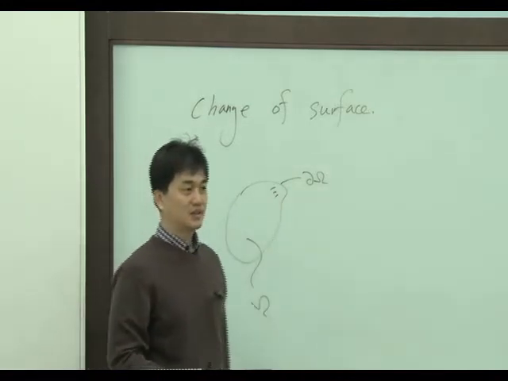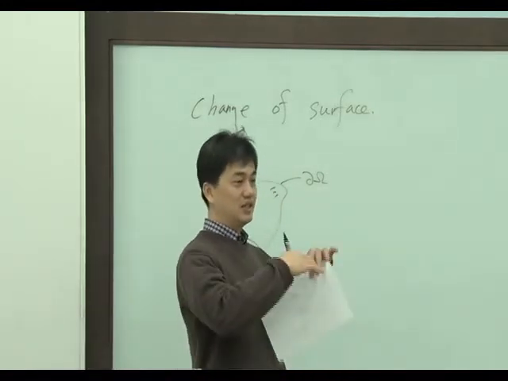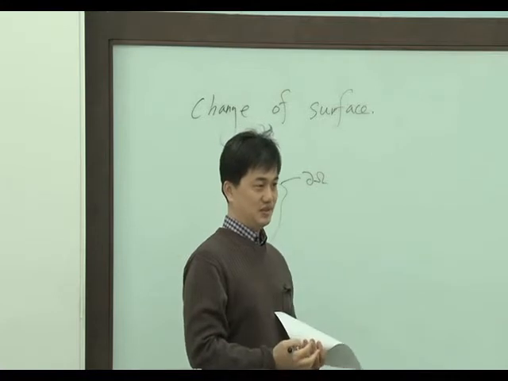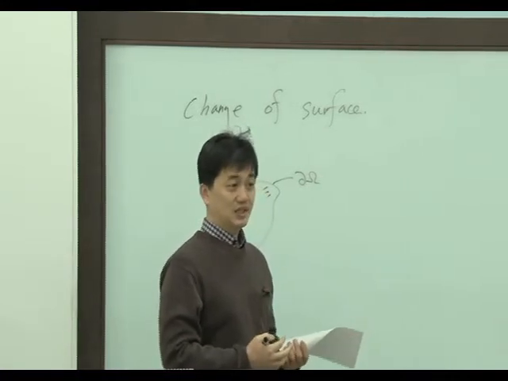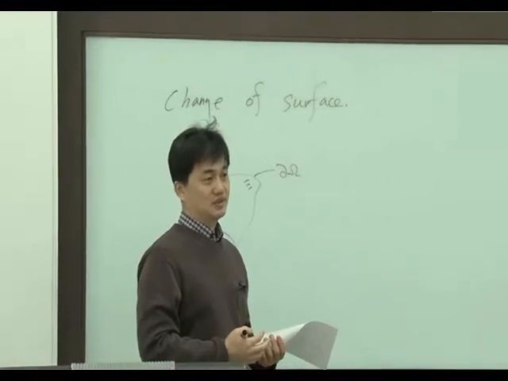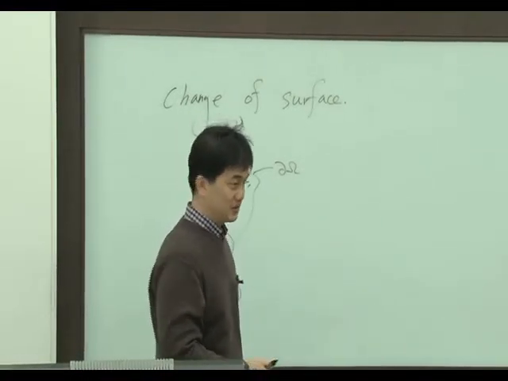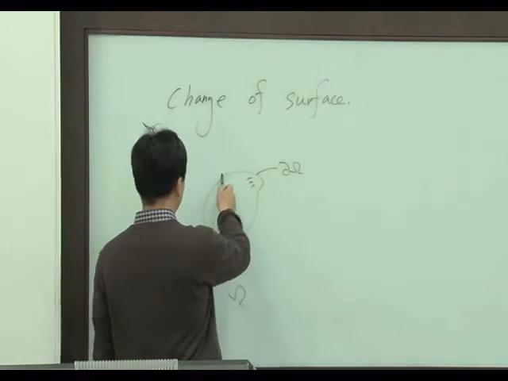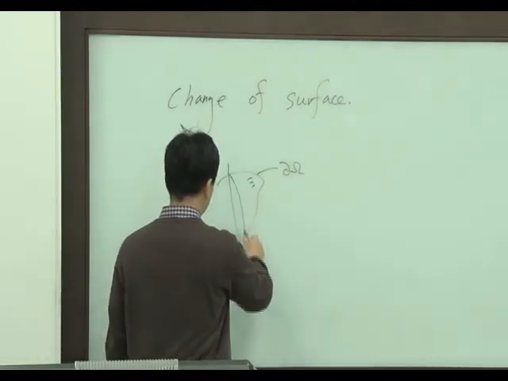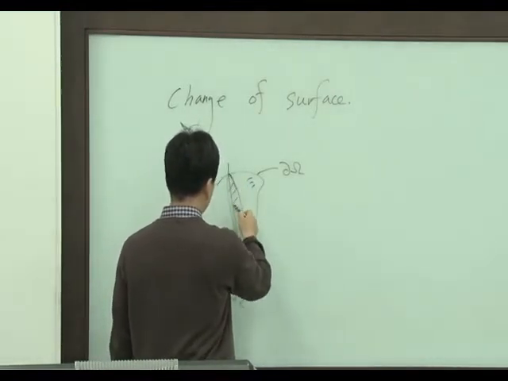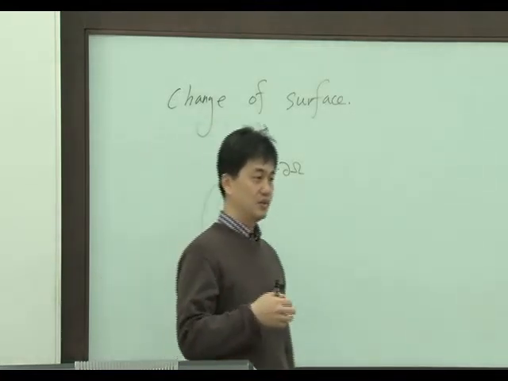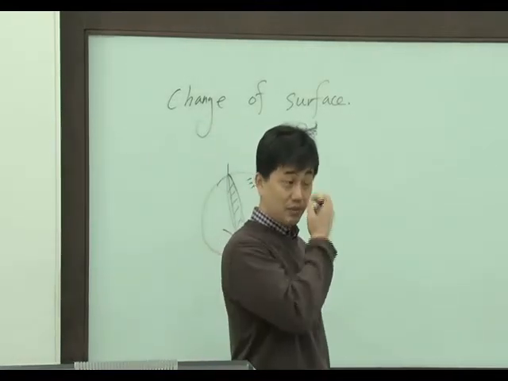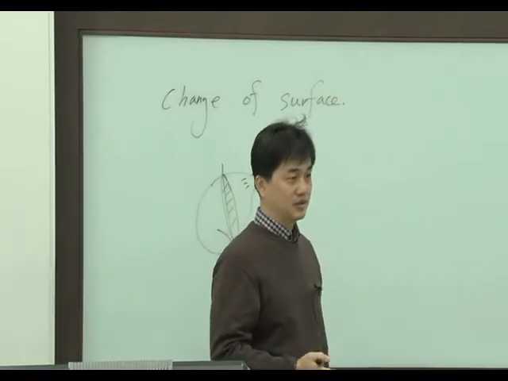But that's the external surface. But this body can have an internal surface. For example, if you cut this body, we can have an internal surface. So inside of the body, we have a lot of surfaces.